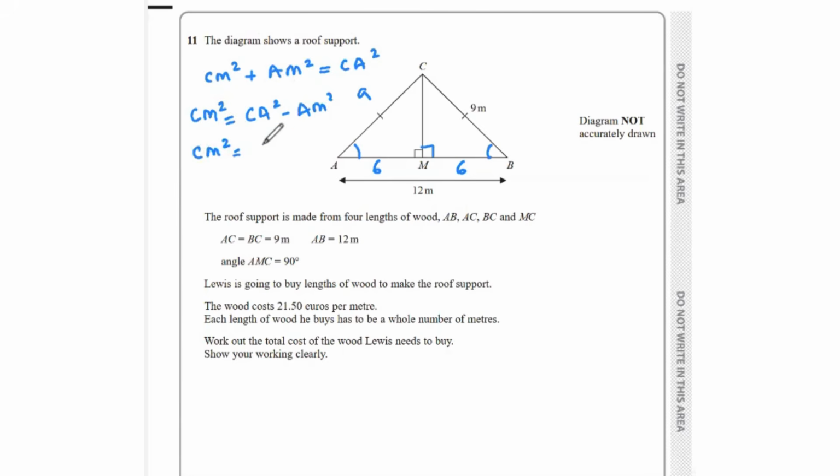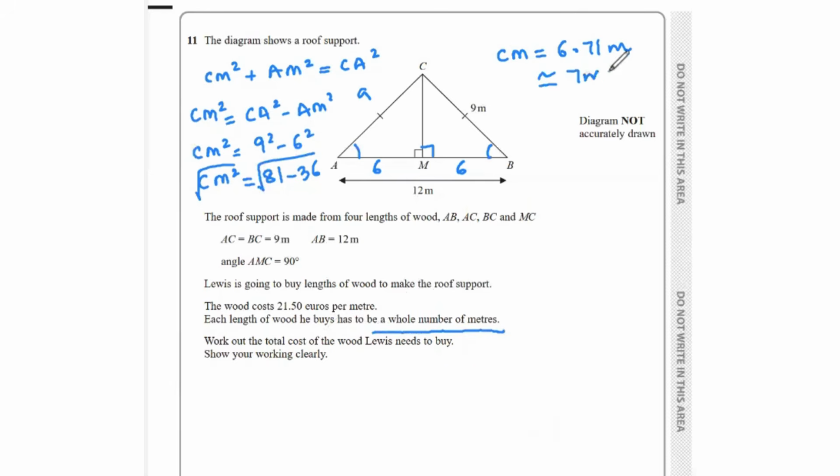That's going to be 9 squared minus 6 squared, which is 81 minus 36. Square root both sides. And CM comes out to be 6.71 meters. Since the question says that each length of wood has to be a whole number of meters, we're going to round this to 7 meters.